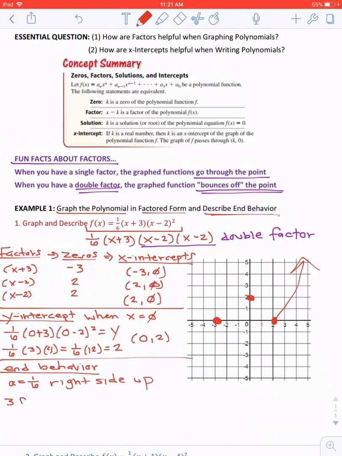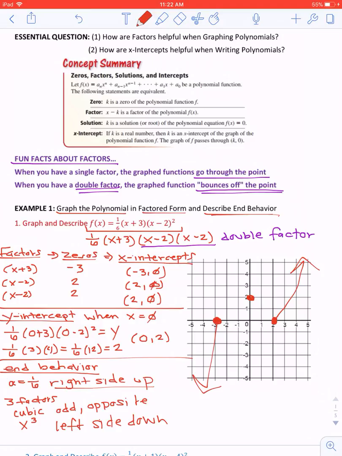Okay, so 3 factors means it's cubic or x cubed. Oh, that's odd. Odd means opposite. So if the right side is up, then the left side must go down. So I'm going to go to my far left point and go down. Now I need to connect those with a fluid pattern.